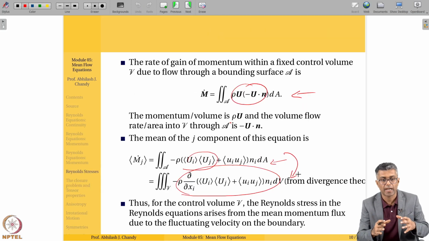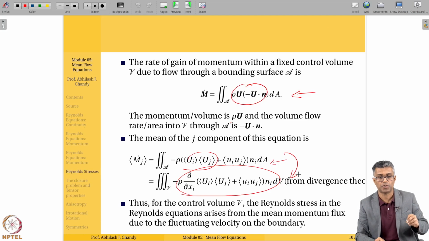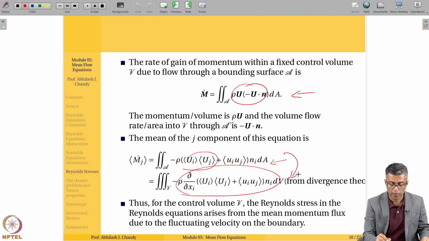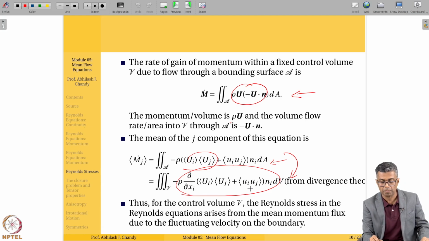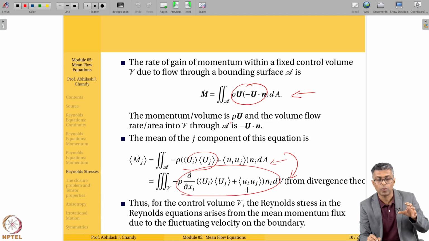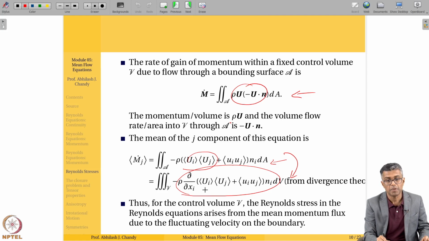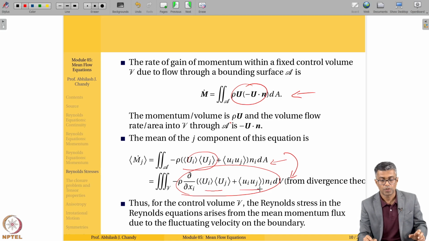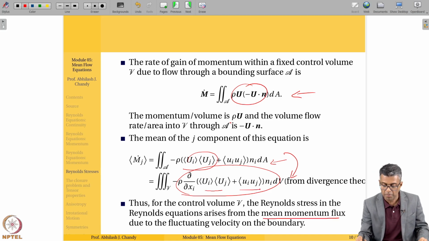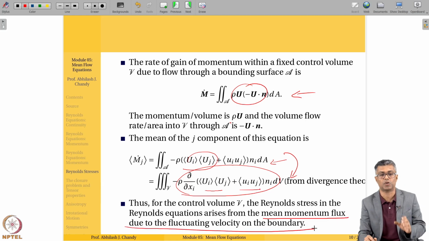So what we are trying to show is that the rate of gain of momentum comes from two components. One is the mean component here, and the other one is due to the Reynolds stresses as well. So it arises from the mean momentum flux due to the fluctuating velocity at the boundary. That is where the additional gain in momentum comes from.